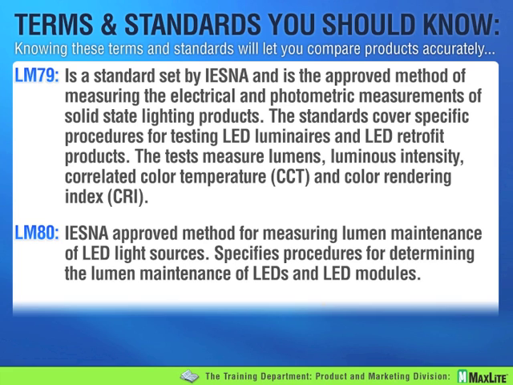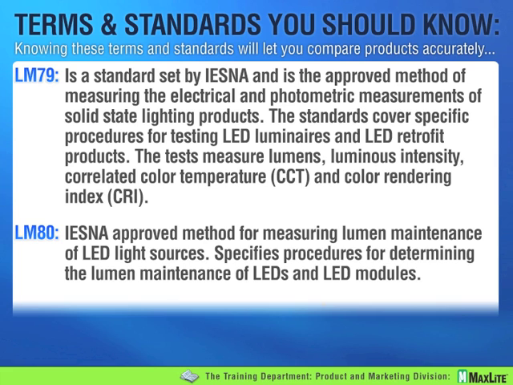Now, LM79, on the other hand, is more for the luminaire manufacturers such as MaxLite. In other words, LM79 is a third-party verification that the luminaire that we've designed with those LM80 chips doesn't negatively impact the design of those chips.